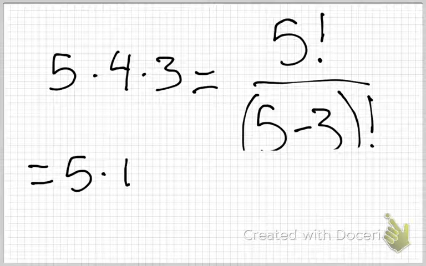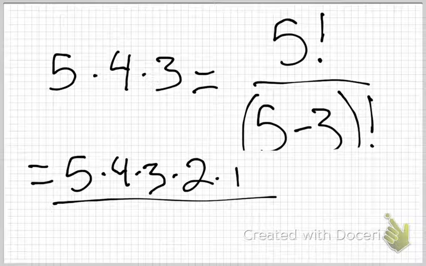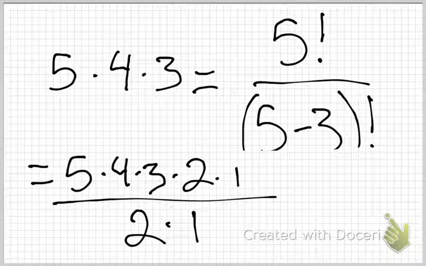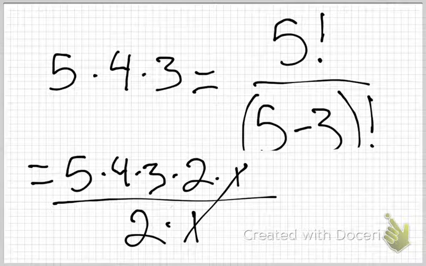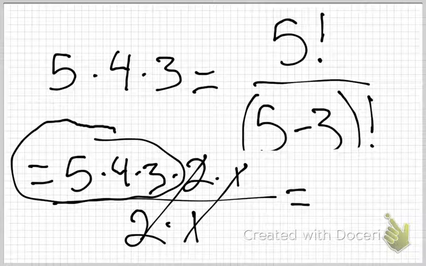It's equal to 5 times 4 times 3 times 2 times 1. And what is 5 minus 3 factorial equal to? Well, 5 minus 3 is equal to 2, so that's 2 factorial. What is 2 factorial equal to? That's equal to 2 times 1. Okay. So 5 times 4 times 3 times 2 times 1 divided by 2 times 1. The 1's cancel, the 2's cancel, and we're left with 5 times 4 times 3, which is what we started with, which is what we had the first time in the example with the 5 siblings.